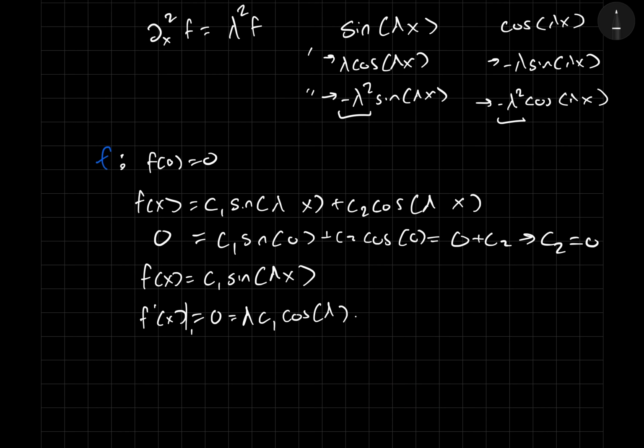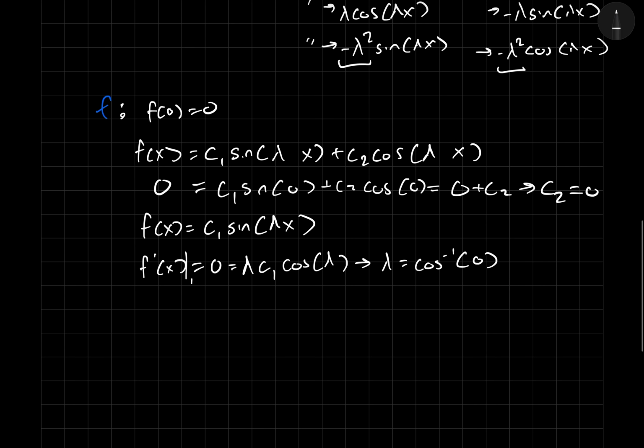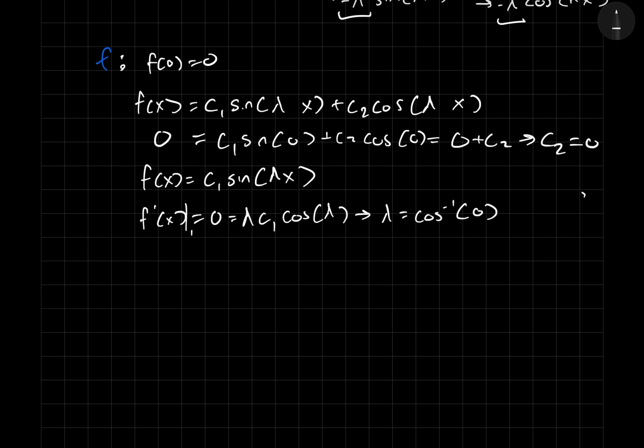Then we have here that lambda equals cosine inverse of 0. So we can take out the unit circle and just notice that cosine is only going to be 0 at these points. At these points, cosine is going to be 1. This is going to be negative 1. But 0 is 0. So we just need to figure out what the pattern for getting these points is.